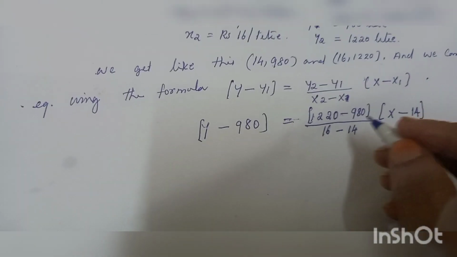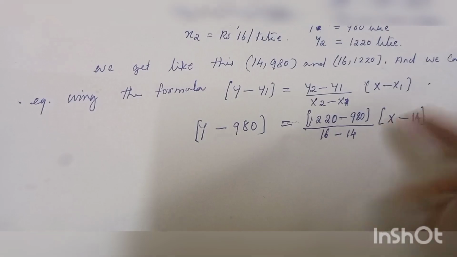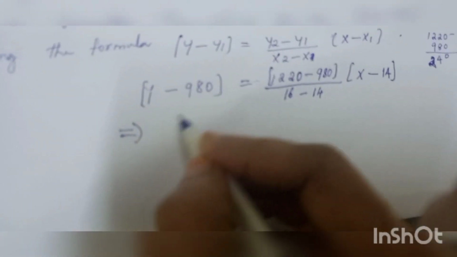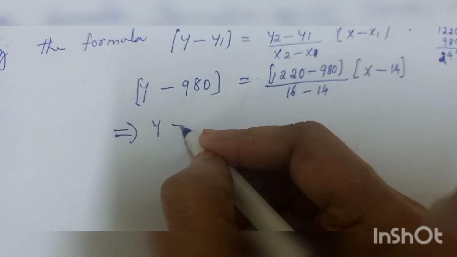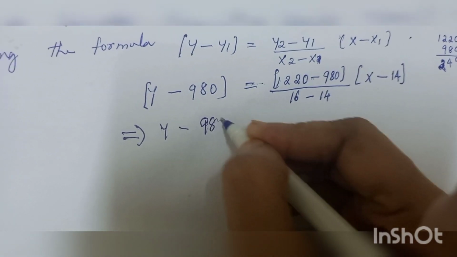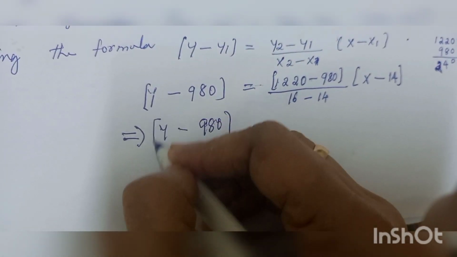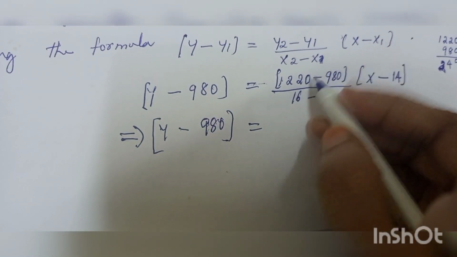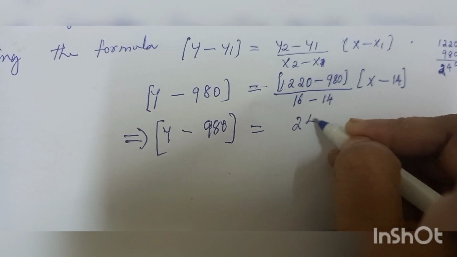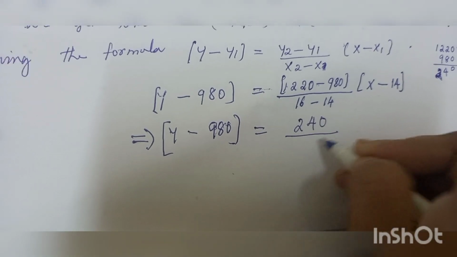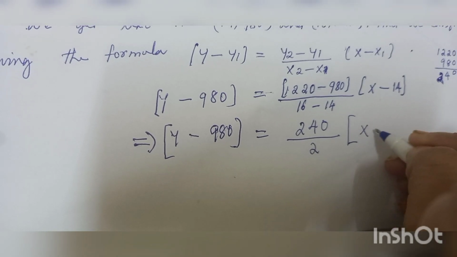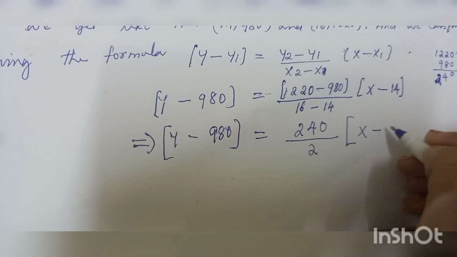Then after simplifying we get y minus 980 equals 240 whole divided by 2, into x minus 14.